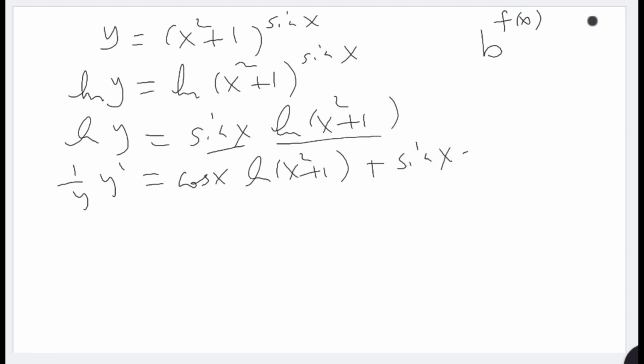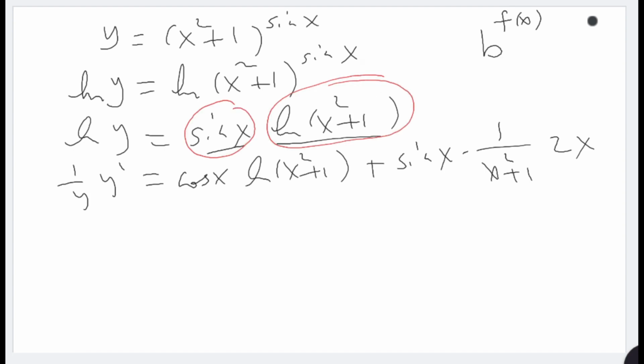The second one is a log, so it's simply 1 over f times f prime. With this kind of problem, I just want to remind you, people usually forget that it's a product, failing to apply the product rule to differentiate the right side.